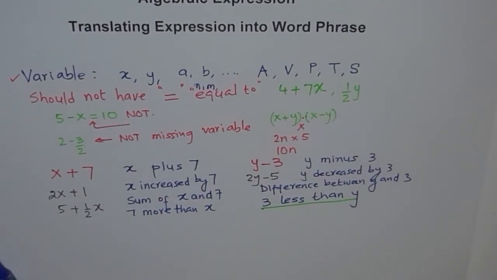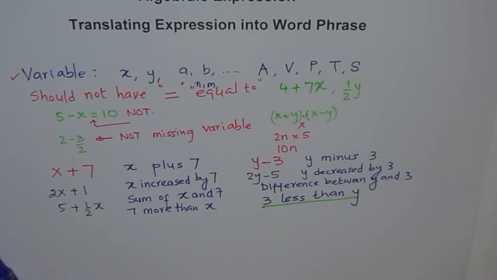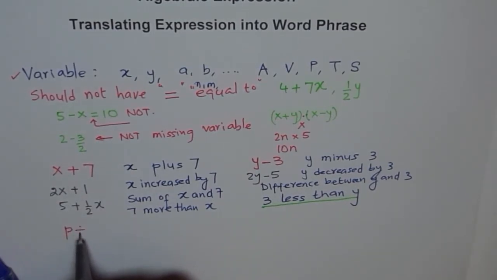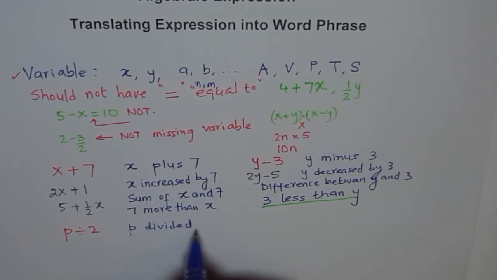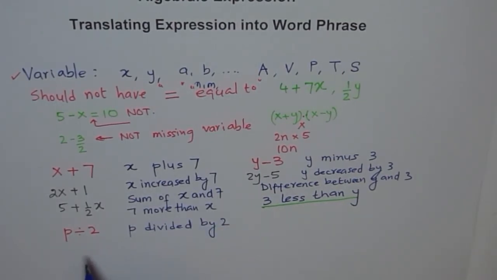Correct? So here we say, let's say p divided by 2. Now if I use p divided by 2, it means p divided by 2. In words, we can say p divided by 2.